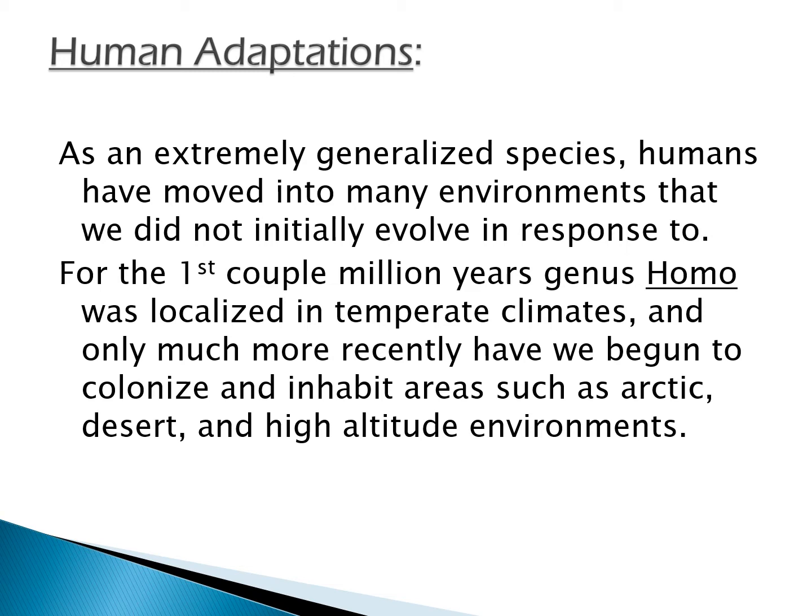But it's only been in maybe about the last 40,000 years or so that we're seeing humans move into places that are very, very difficult for our species, such as the Arctic Circle, desert, and high altitude.